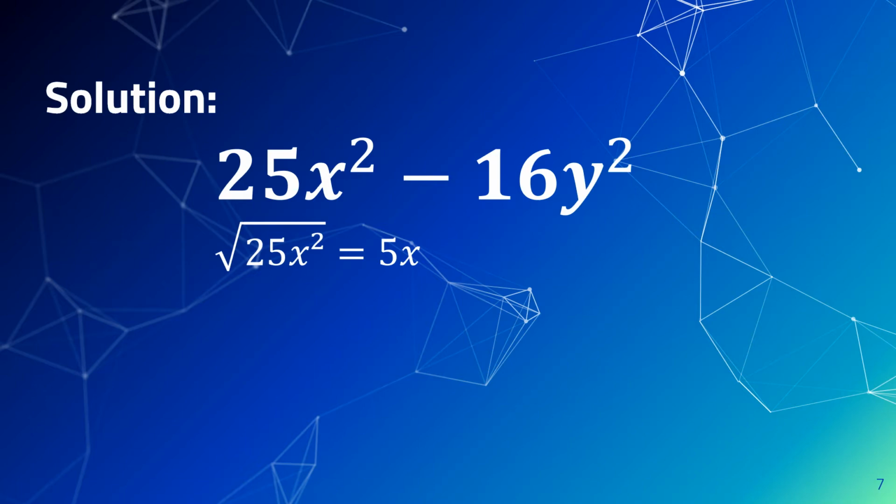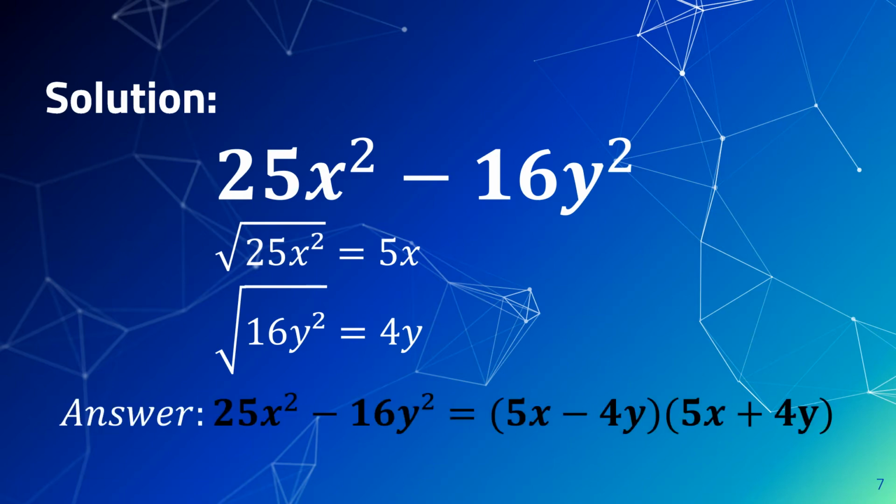The second term is 16y squared, and its principal root is 4y. Therefore, the factored form of 25x squared minus 16y squared is the sum and difference of the roots. We have 5x minus 4y and 5x plus 4y.